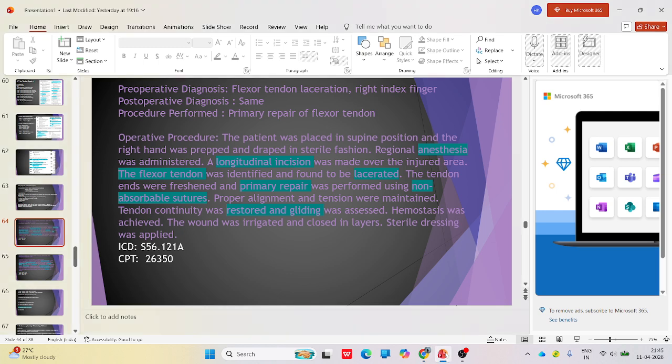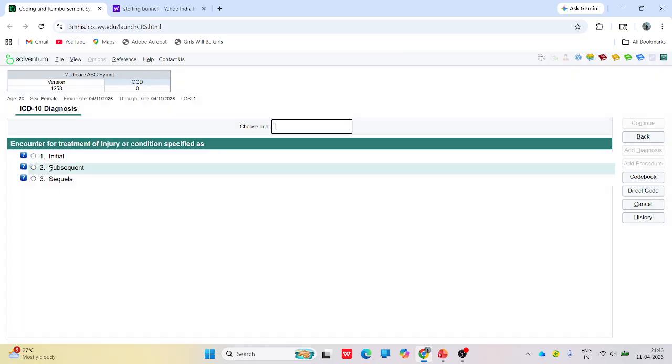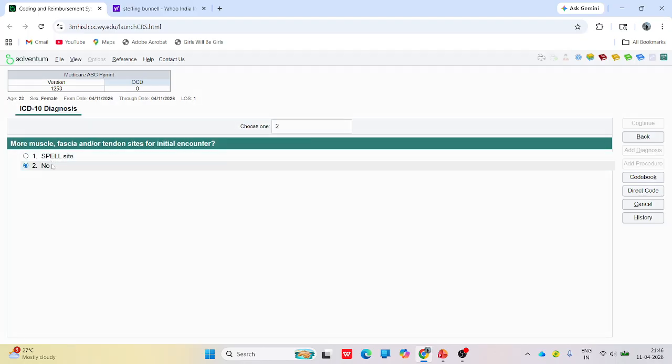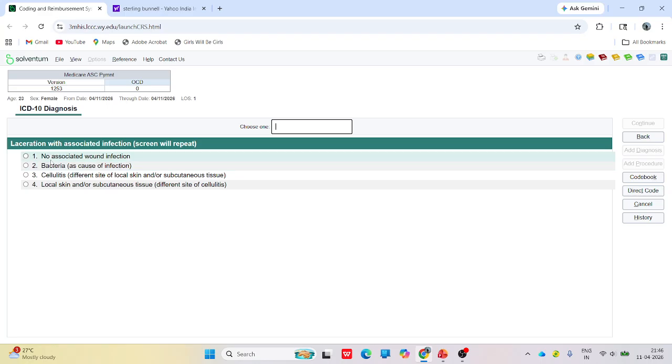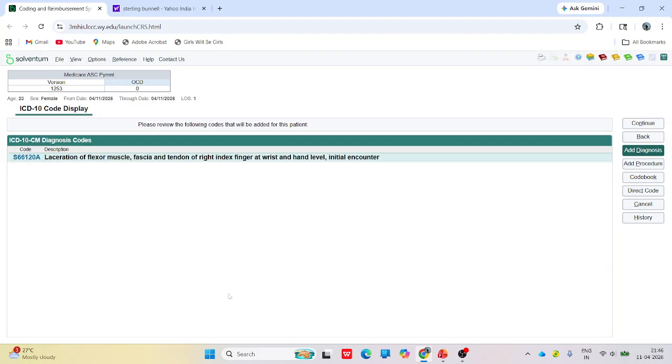Right index finger. It's a finger region, index finger, right, initial. So this one is S66120.